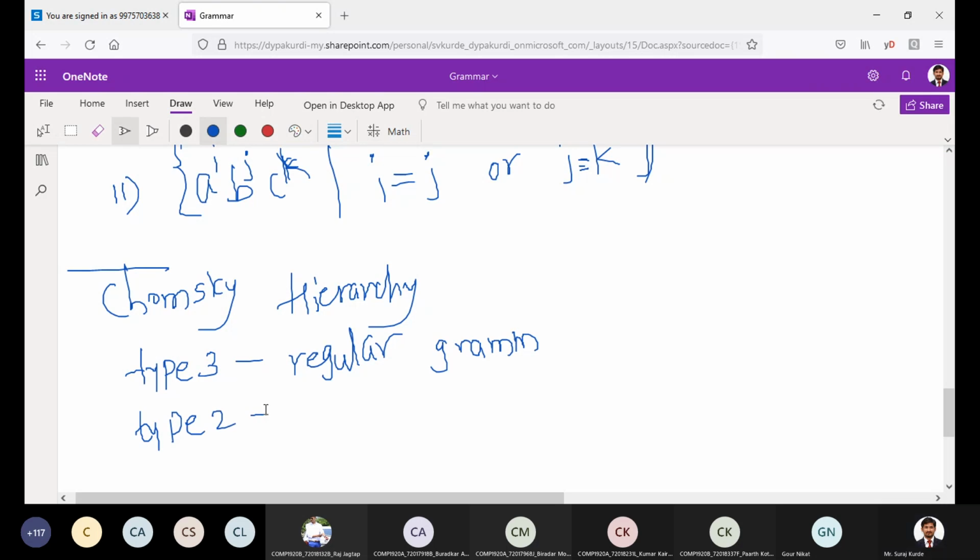Type 2, the grammar which we have understood in this unit, CFG, context-free grammar. Then type 1, this is the grammar which is context-sensitive grammar.